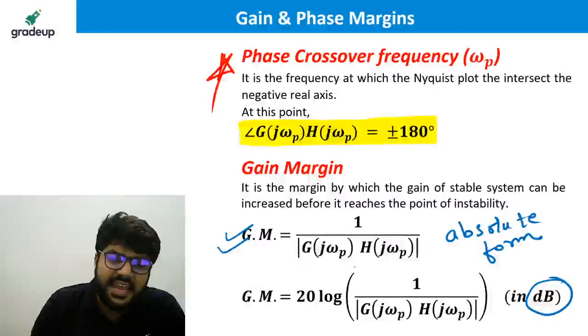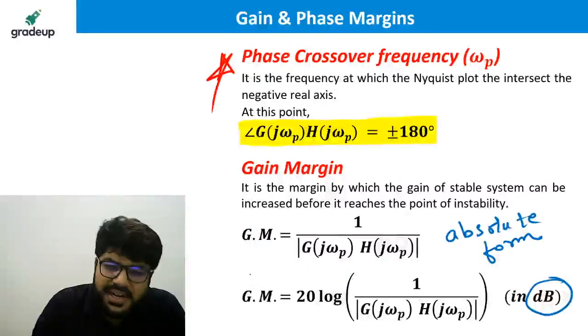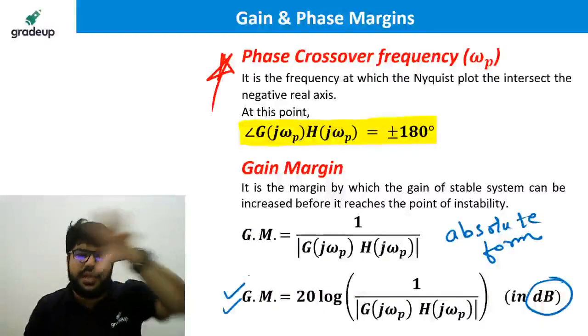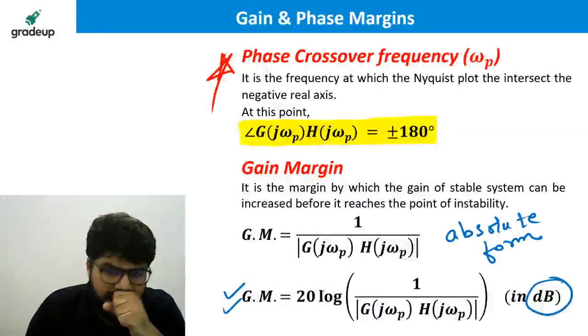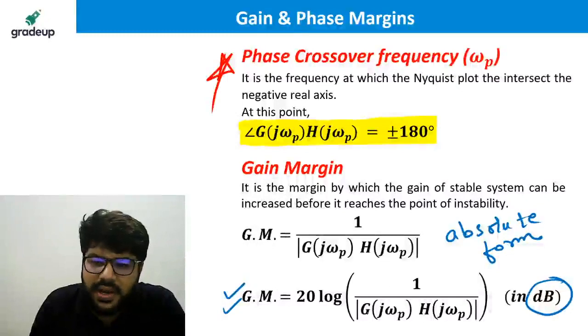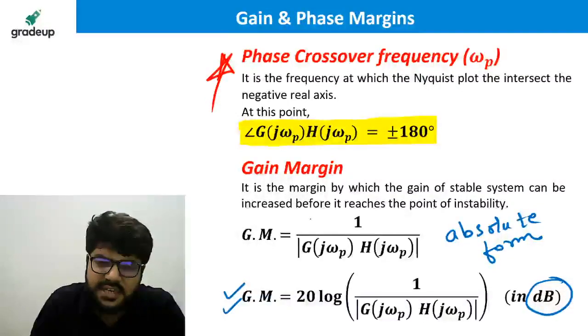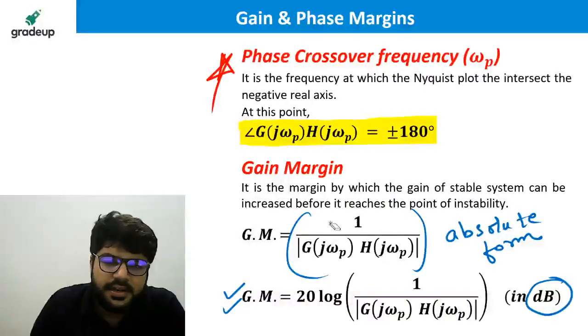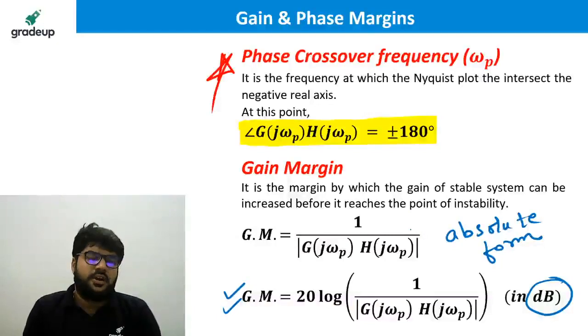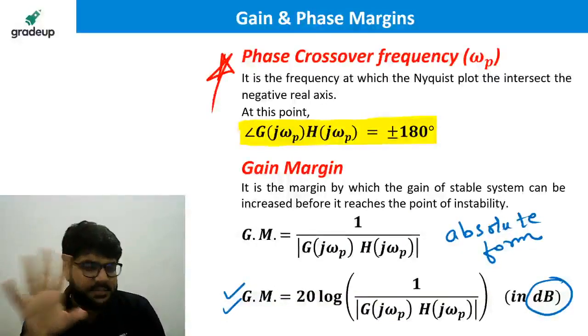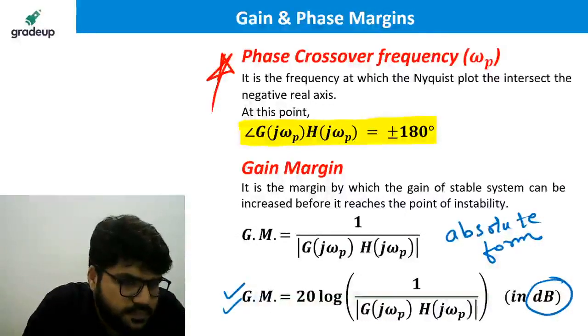And then the gain margin in the form of decibel. Commonly it is taken in decibel so that you are able to read it from the Bode plot also. And that is 20 log 1 upon mod G(j omega P) H(j omega P). Just take the 20 log of this. Why 20 log we take? I'll explain this tomorrow.